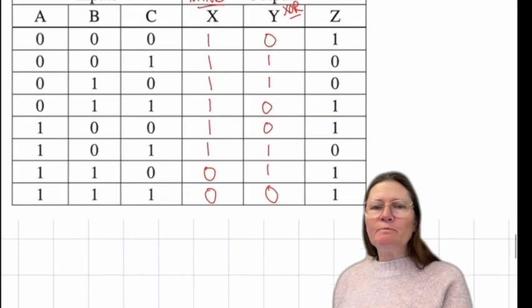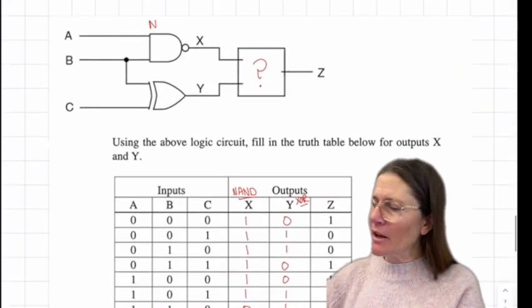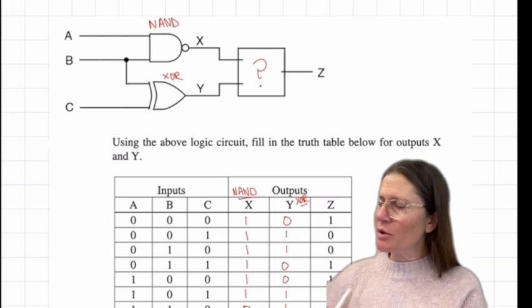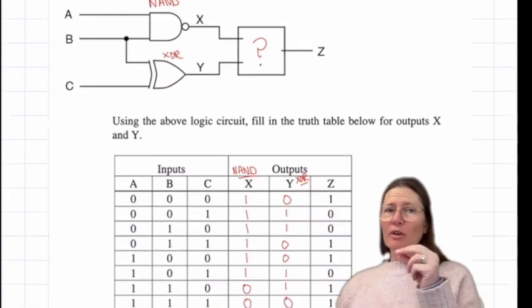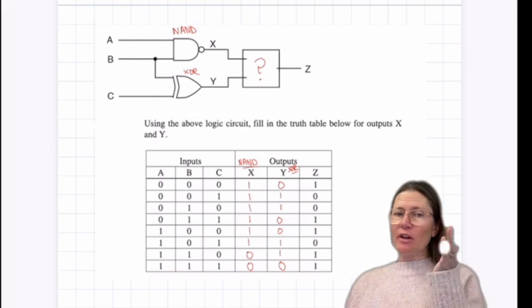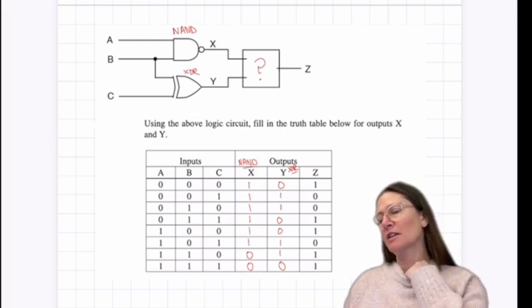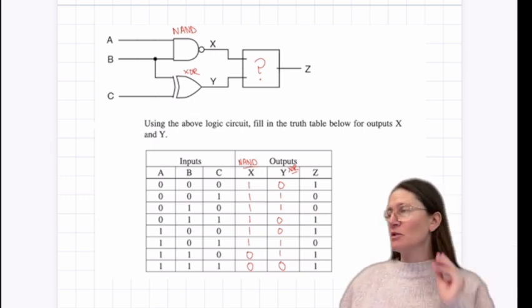Okay, so hopefully you were able to recognize this was a NAND gate. And this is an XOR. Whenever the inputs are 1, 1, you get a 1 out of an AND gate, so you get a 0 out when you have a NAND gate. Everywhere else it's going to be a 0, which the NAND portion will flip into a 1.